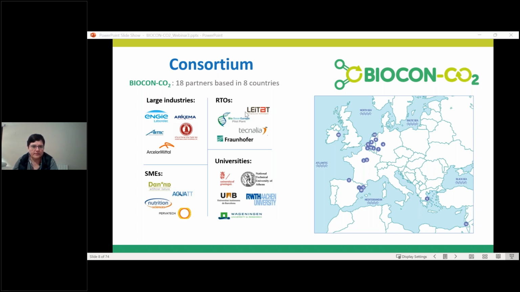We have also several RTOs collaborating in the project, which is led by LEITAT, but also the bio-based pilot plant in Europe, TECNALIA and Fraunhofer, and also several universities, which are the University of Groningen, NTUA in Greece, the UAB in Barcelona, and also the University of Aachen.